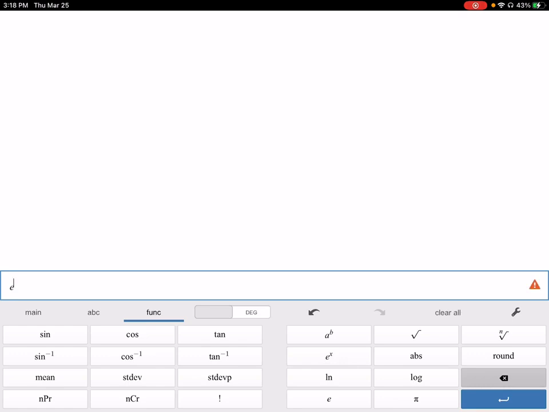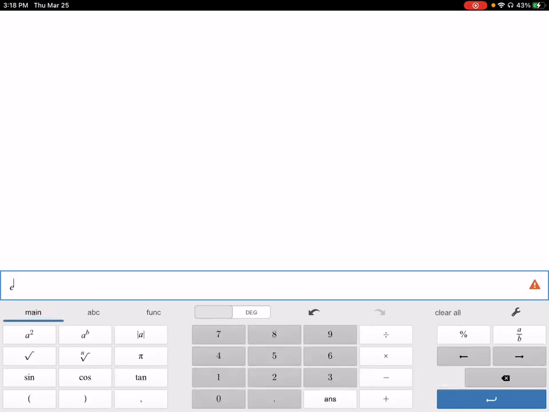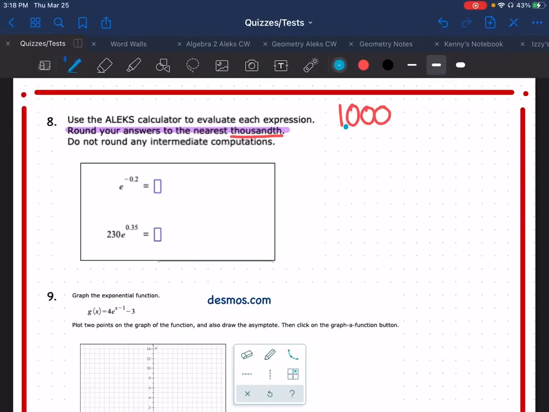There it is. And then I'm going to go back to the main and I'm going to put in negative 0.2. And there it is right there. There's my decimal. So I got, oops, too many zeros. There we go.